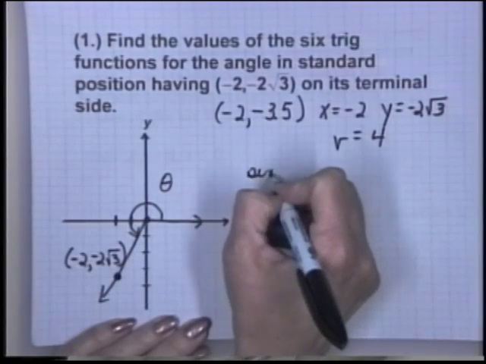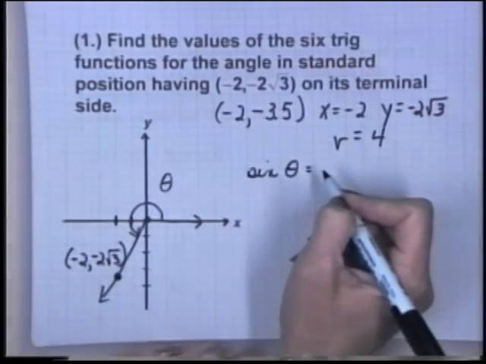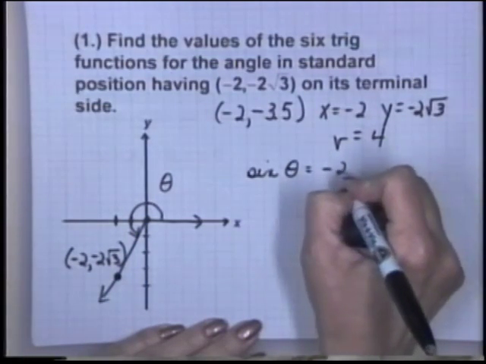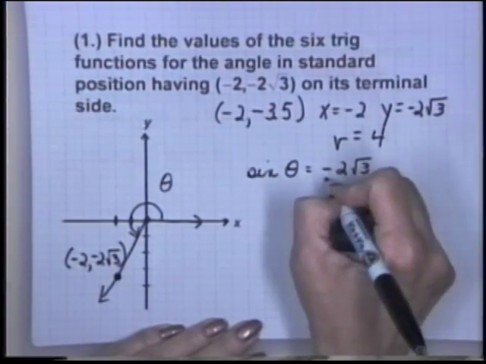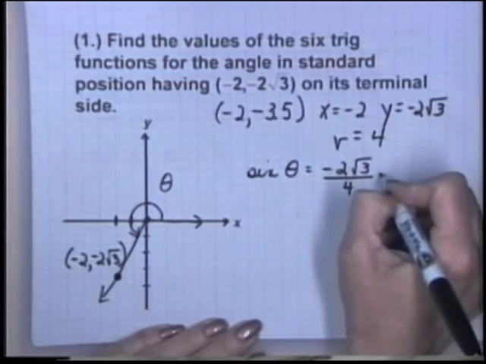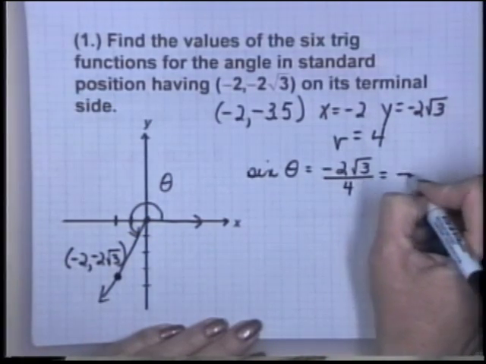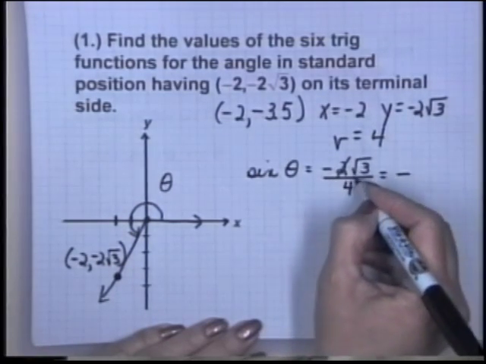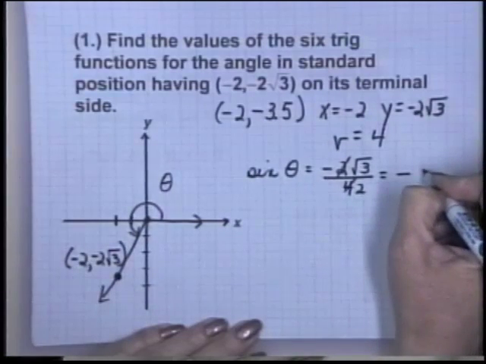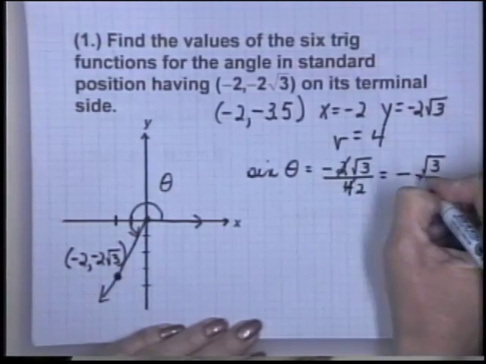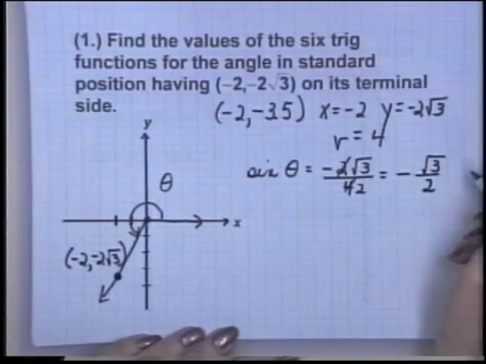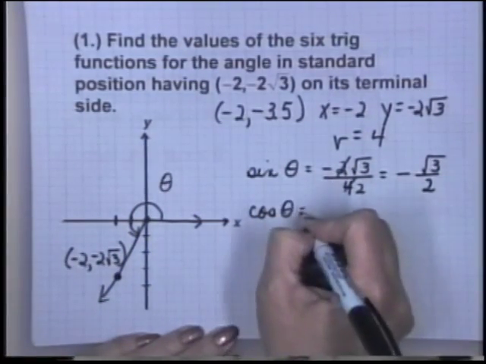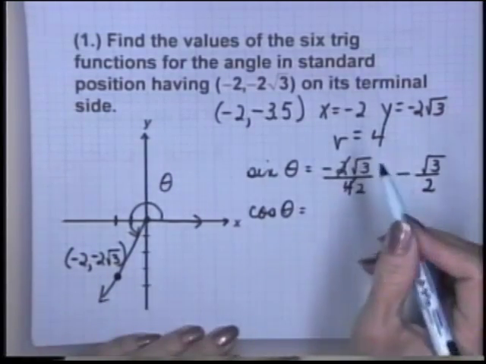For my sine of theta, remember that it is y divided by r, so it will be -2 times the square root of 3 divided by 4. I will bring the negative out front, and I can reduce: 2 divides into 2 once and into 4 twice. So I will have the square root of 3 divided by 2. For my cosine of theta, that's x divided by r.